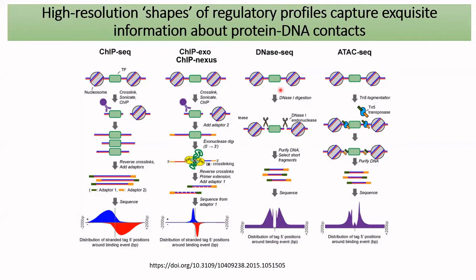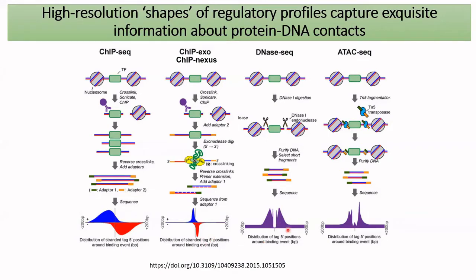Now, I'll try to argue that these models potentially lose a lot of information. The reason is that if you take any of these assays, ChIP-seq, or let's say a higher resolution version of these, ChIP-exo, which I'll introduce in a second, or even DNase-seq and ATAC-seq, and you observe the distribution of reads on the plus and minus strand, you'll notice that there are very intricate base resolution profiles, sometimes stranded, sometimes unstranded.